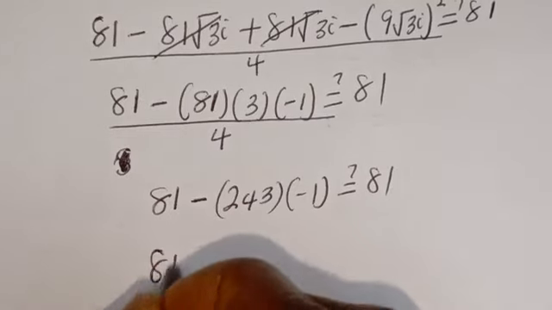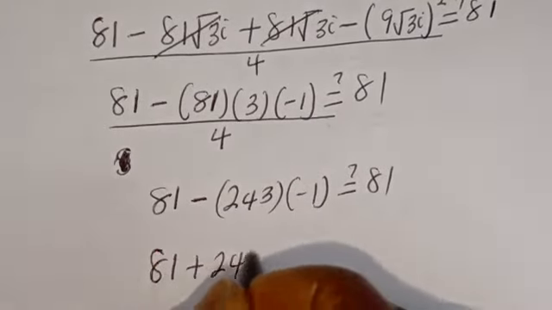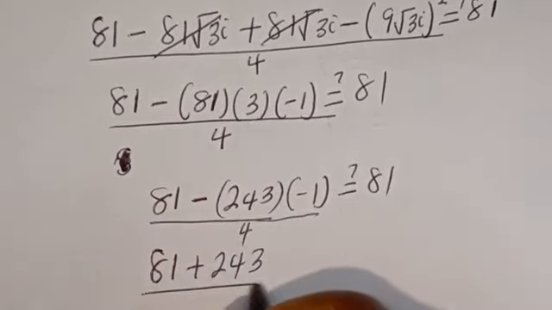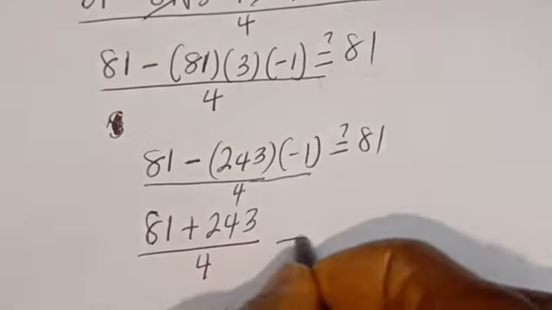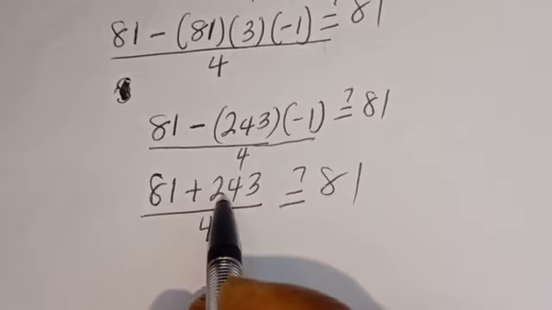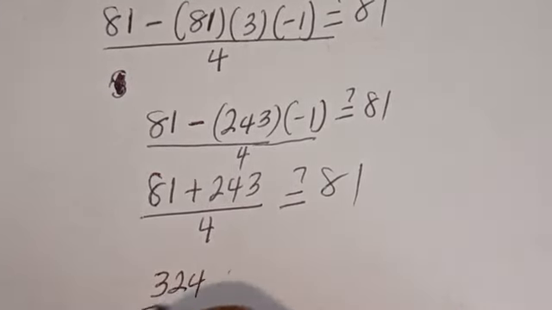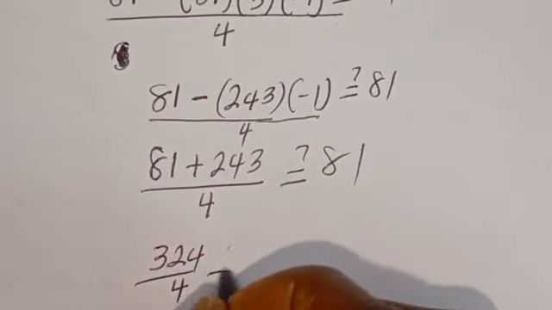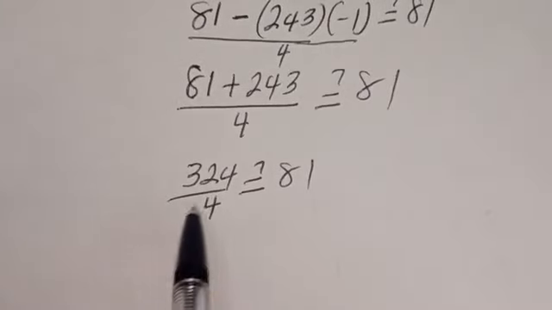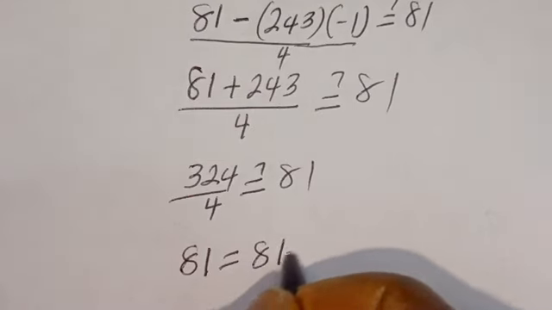Then we have 81 minus 243 multiplied by minus 1, that is plus 243, divided by 4, must be equal to 81. 81 plus 243, this is 324 divided by 4 must be equal to 81. 324 divided by 4, that is 81, is equal to 81, which is true.